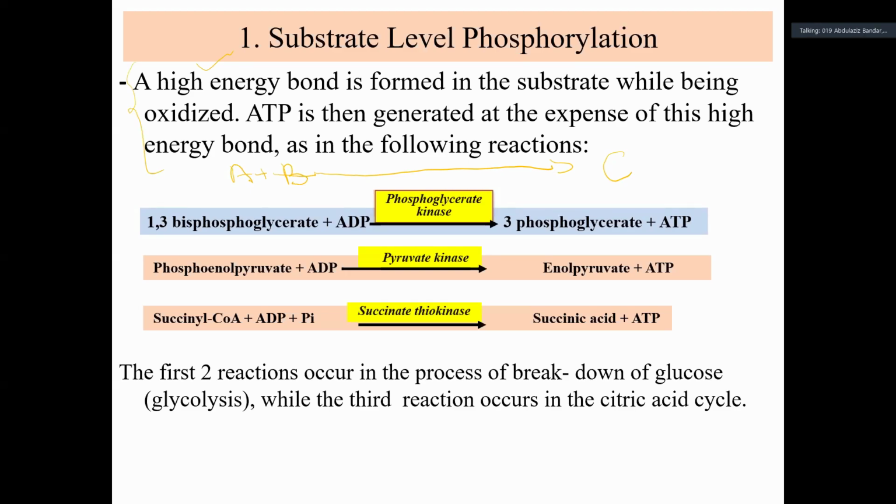During this reaction from A and B, which gives C, it gives ATP. During the reaction. Do you understand my point?